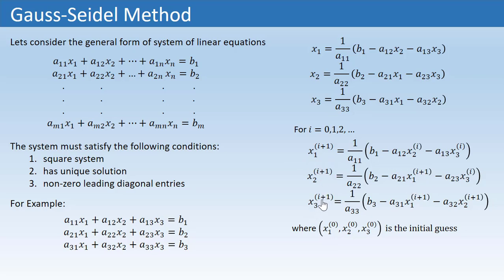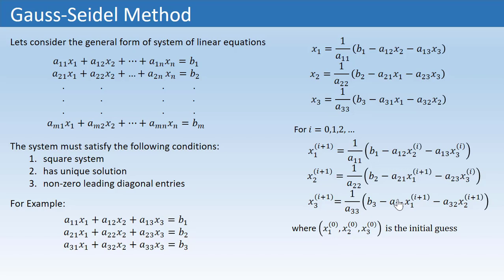To find the i plus 1th approximate solution of x3, we need the i plus 1th approximate solution of x1 and x2, which we just found in the first and second equation. So the basic idea is, as soon as you get the value of a variable, you utilize it in the evaluation of the next equation.